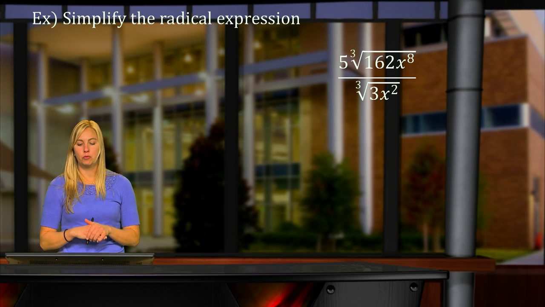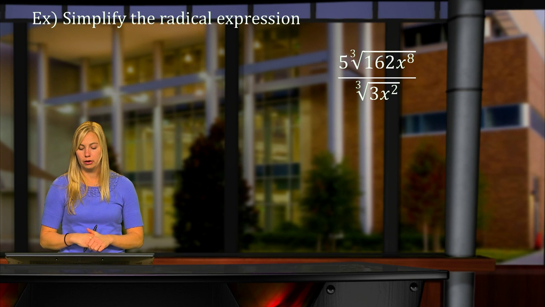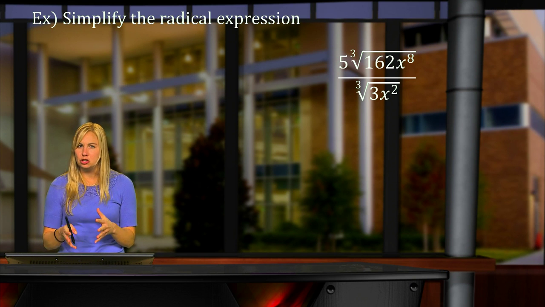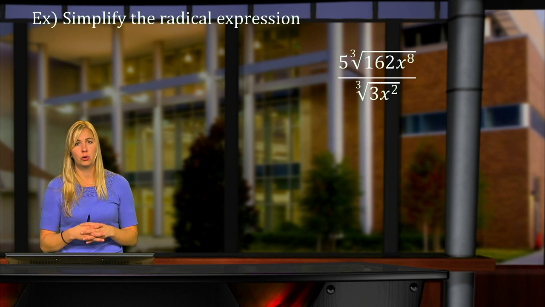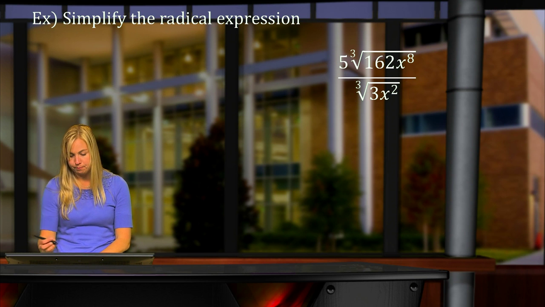5 times the cube root of 162x to the 8th divided by the cube root of 3x squared. That 162, I don't want to try to factor. It seems a little cumbersome. So we're going to use that same technique of combining those two radicals as one.